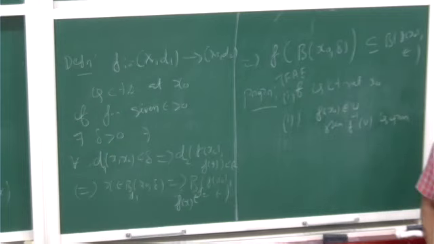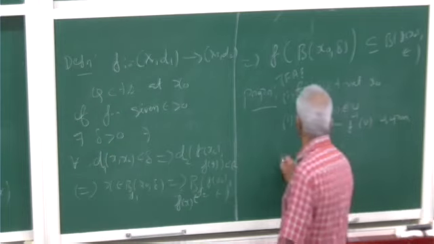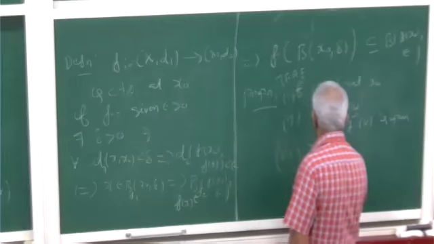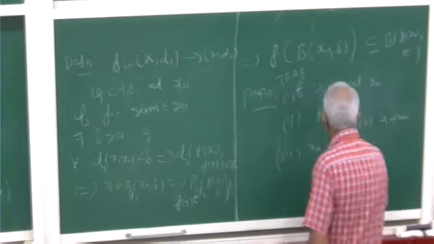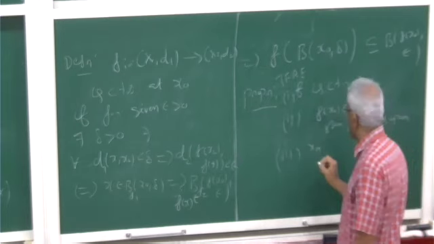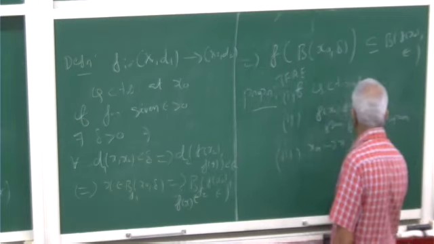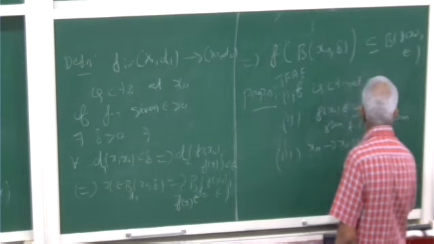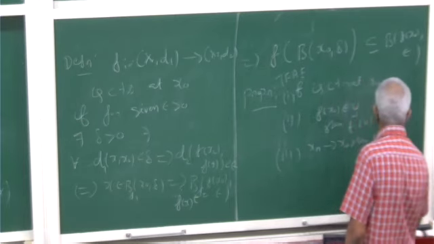Then the third one is, you can reframe it in different ways if you want, using open balls and other things. If xn converges to x naught, then f of xn converges to f of x naught.